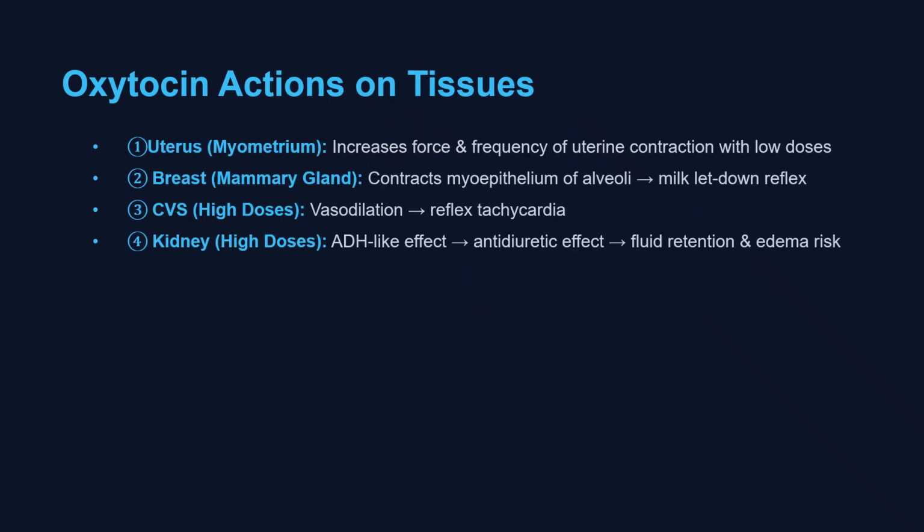Now, oxytocin action on a tissue basis. Previously I said that in the uterus it acts on the myometrium, to increase the force and frequency of uterine contraction. In the breast, the mammary gland also, it acts. Oxytocin is very effective when milk is already in the body.